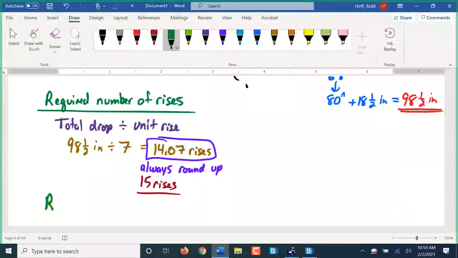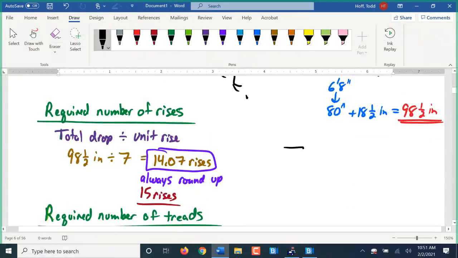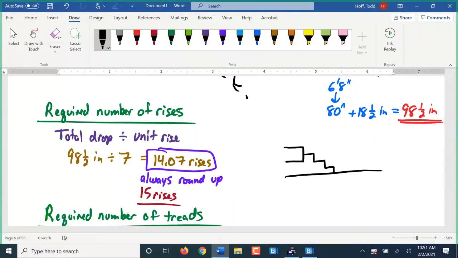Next, we need the required number of treads, in other words, the number of unit runs. Well, if you look at a step, here's a simple 4-step up from a floor to a landing. 4 rises only requires 3 treads.